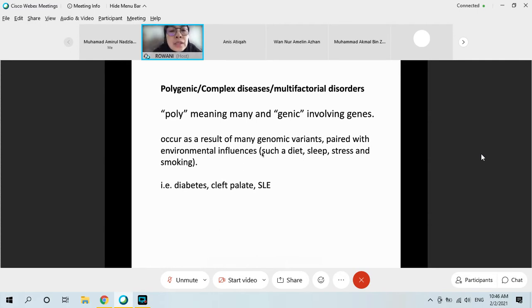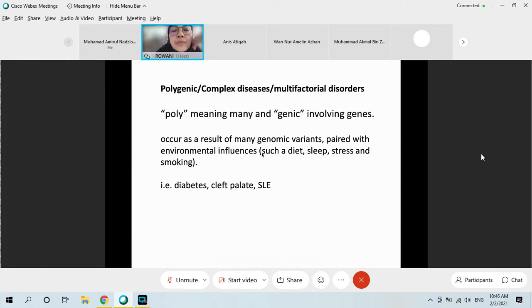Then I would like to talk about another group of disorders known as multifactorial disorders or polygenic disorders. Earlier, I mentioned that people have genomic variations. Some of the variations may not result in disease per se, but the presence of this variation may make the patient susceptible to disease when exposed to certain environmental influences such as diet, sleep, stress, smoking.